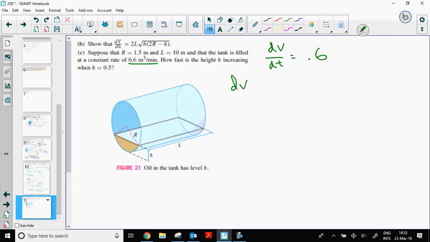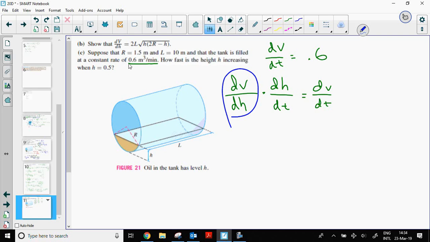So dV/dh, if we multiply by dh/dt, we get dV/dt. You can see how you could just cancel the dh's. That's quite convenient because we have an expression for dV/dh. We know that dV/dt is 0.6, and we're trying to figure out what dh/dt is.